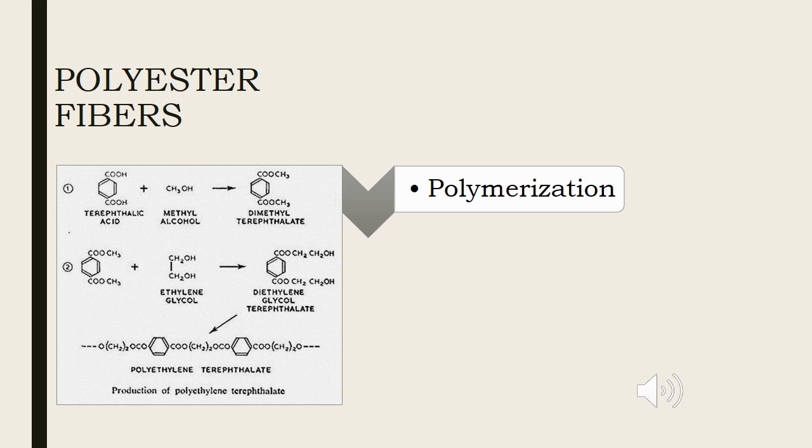The resulting alcohol is combined with terephthalic acid and raised to a temperature of 472 degrees Fahrenheit, that is 280 degrees centigrade. Newly formed polyester is clear and molten. It is extruded through a slot to form long ribbons.